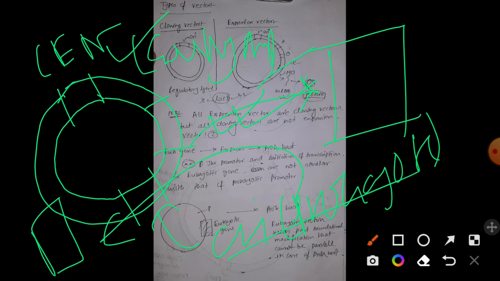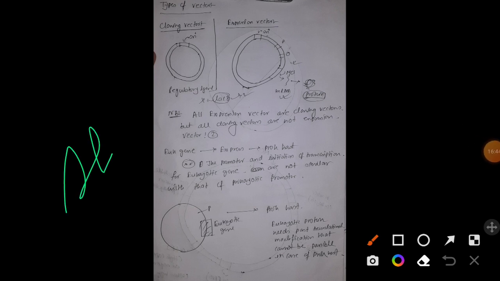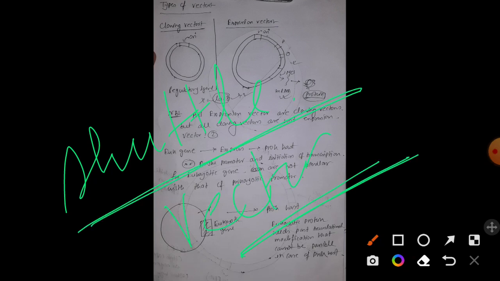We are shuttling our gene of interest back and forth between two hosts, one prokaryote, another eukaryote, and we are getting expression of our gene of interest in both cases. That's amazing, right? And as this vector shuttles the gene of interest between two hosts, it is given the name shuttle vector. So that is the concept of shuttle vector.